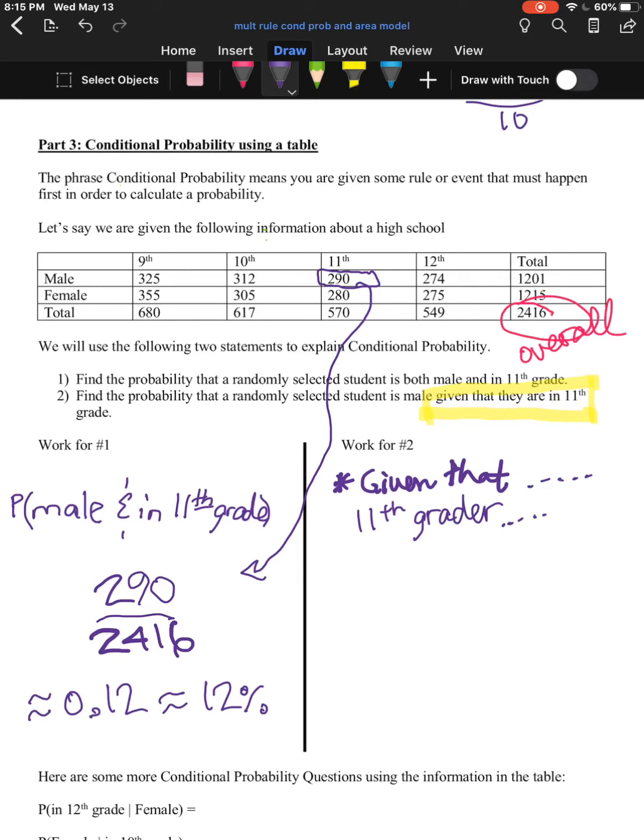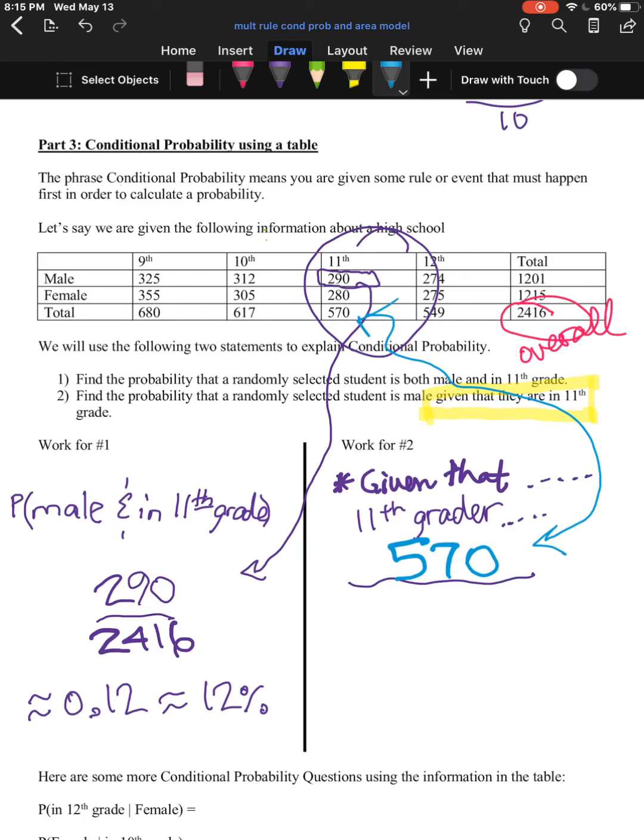Well, how many people are in 11th grade? So 11th grade total is underneath the 11 in the chart. So how many people are 11th graders? 570. So we now know that our overall for this group is a selected bunch of kids, the 11th graders.